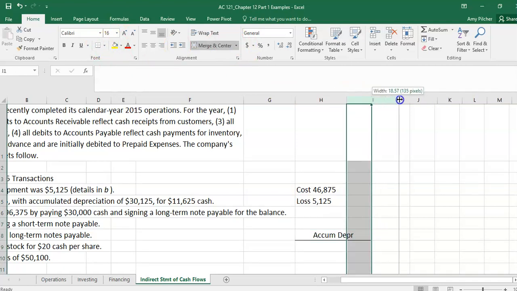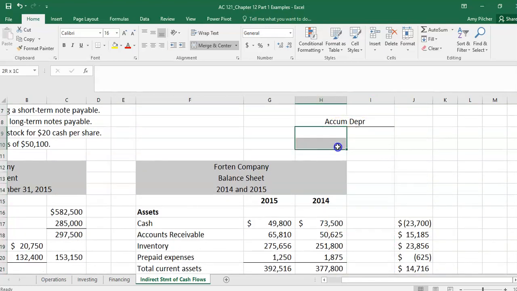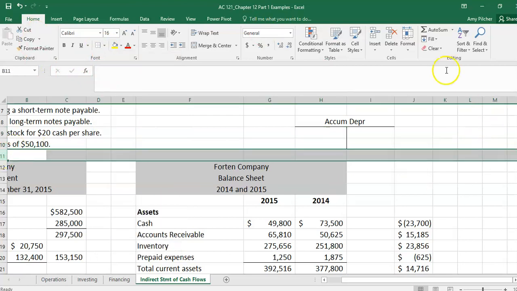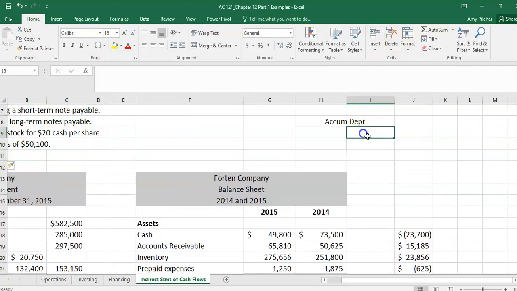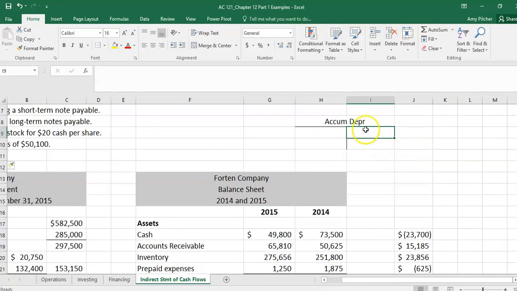So we're going to make a T account for accumulated depreciation. Okay. So what we have in 2014 is that our accumulated depreciation is $46,000. So that is our beginning balance of accumulated depreciation.